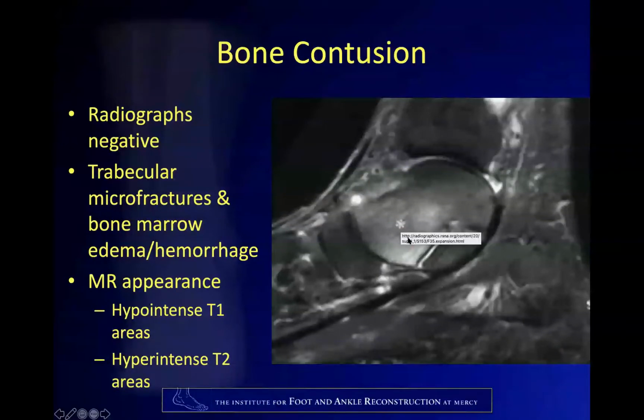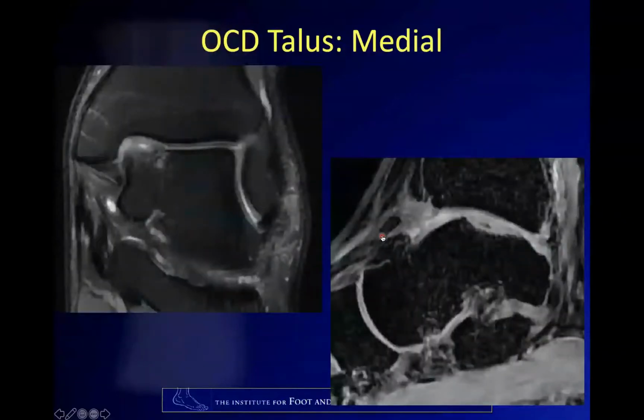As I mentioned, we don't see these changes on a CAT scan or an X-ray. And so to look at the trabecular microfractures and see what is going on inside the bone metabolically, you need to get an MRI. This shows this contusion involving almost the entire talus, but mostly from the neck forward.